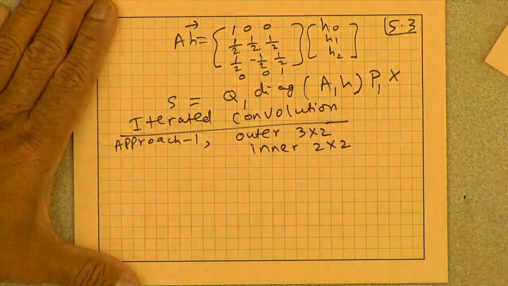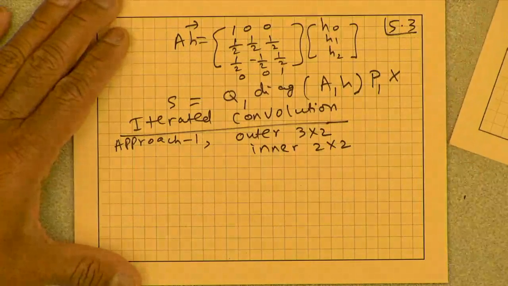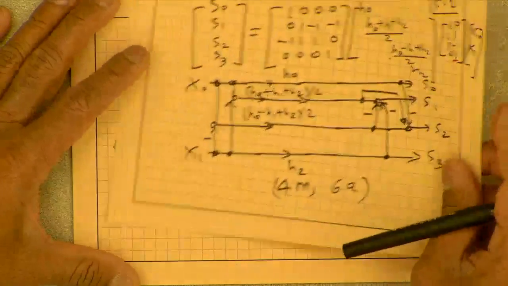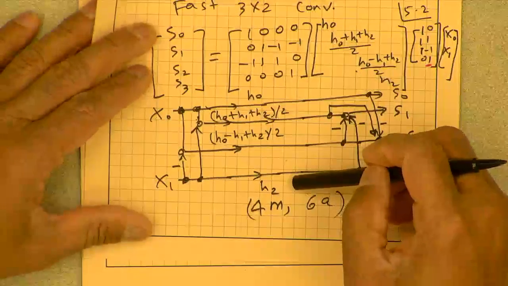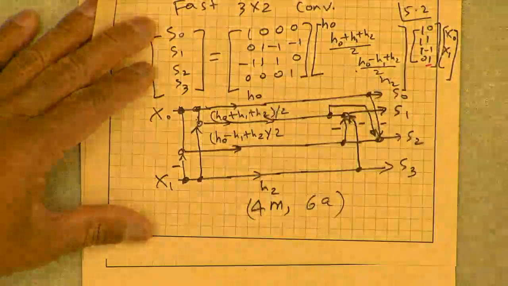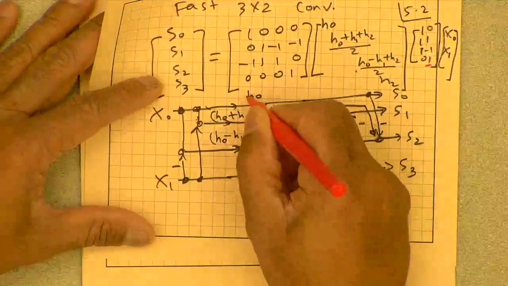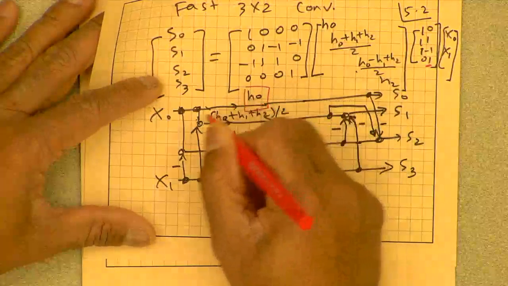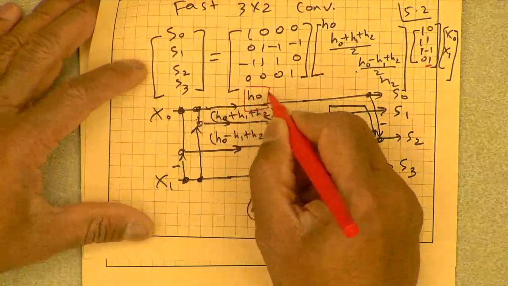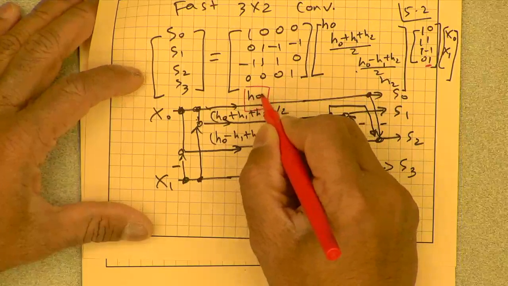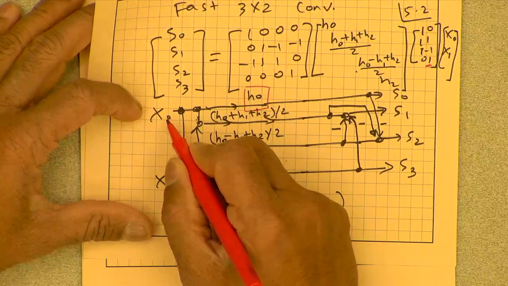When I say outer is 3 by 2, really go back to here. This is kind of the outer structure. And when I say the inner is 2 by 2, think about this H0 X0 multiplication here. H0 is a degree 1 polynomial that contains 2 terms. X0 is a degree 1 polynomial that contains 2 terms.